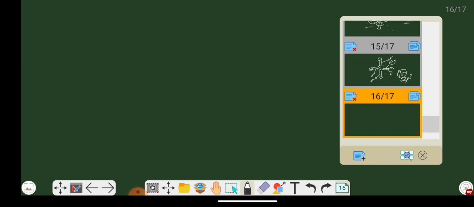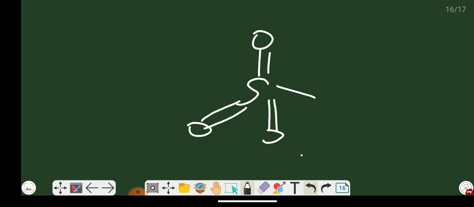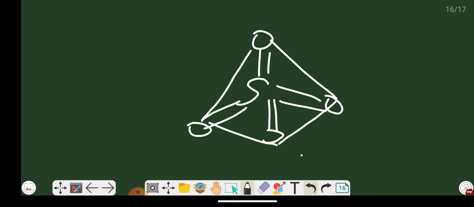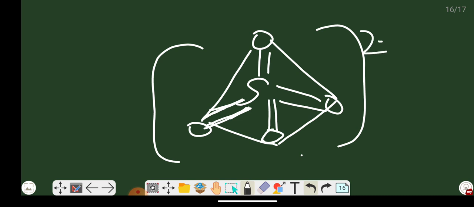Now sp3 hybridization with no lone pairs has a tetrahedral shape, as we discussed in the previous video, and the link of the previous video is given in the description box. You should go and first see part first of VSEPR theory. So in this way SO4 2 negative also has a tetrahedral shape.